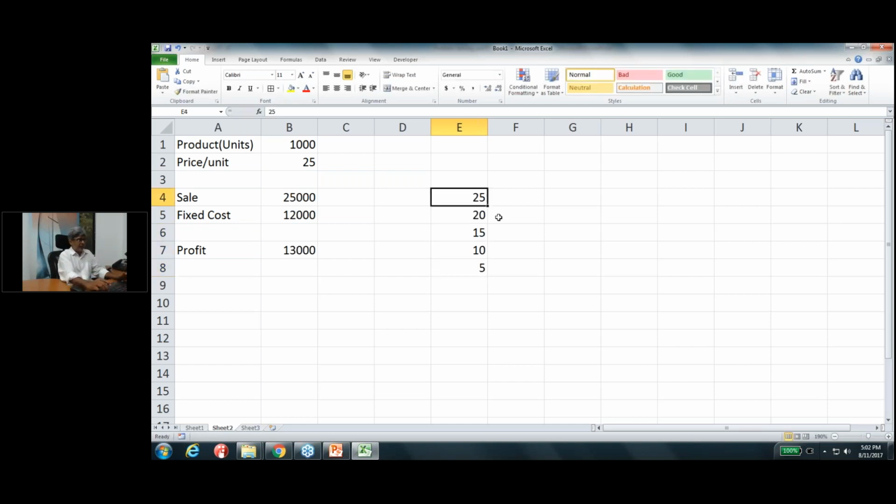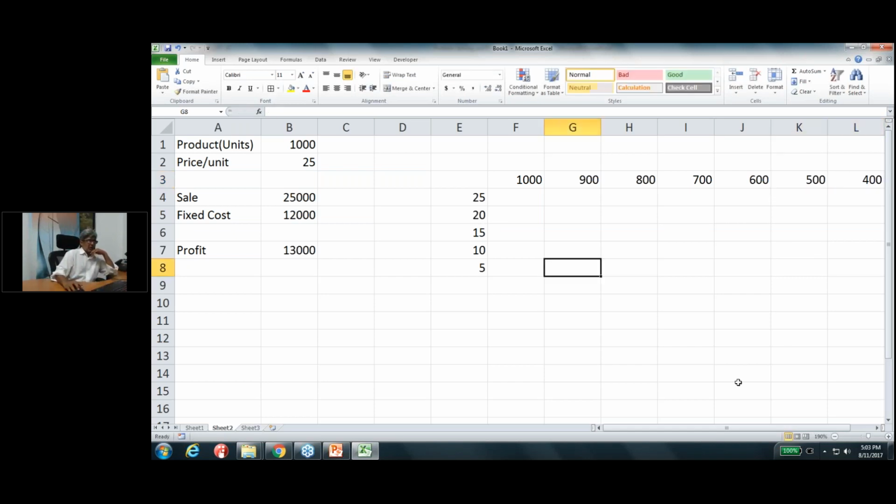And then on the other side, we have, say, 1,000 units, then 900 units, then 800 units, maybe 700 units, then 600 units, 500 units, and so on and so forth, or maybe 400 units.